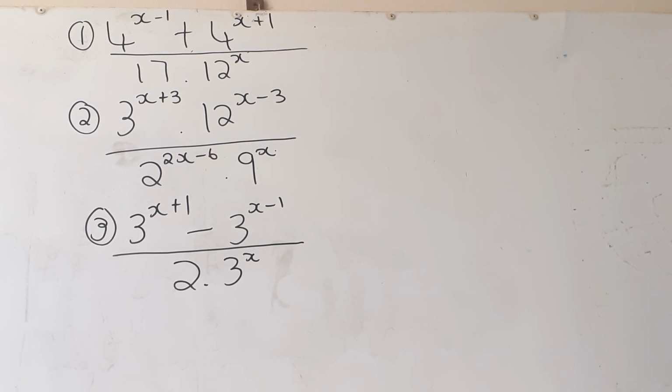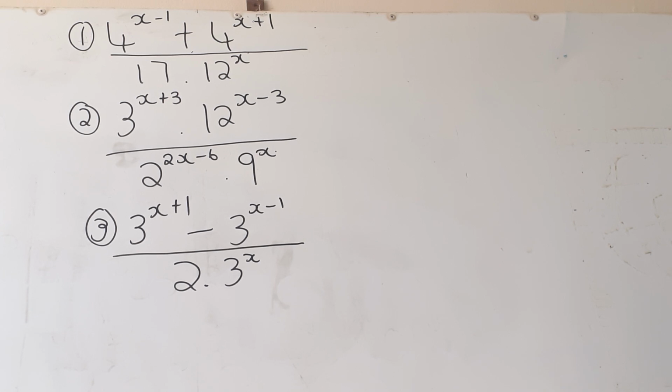It's the same when we have 3 to the power of x plus 1 minus 3 to the power of x minus 1. 3 to the power of x plus 1 is a term, and 3 to the power of x minus 1 is also a term.